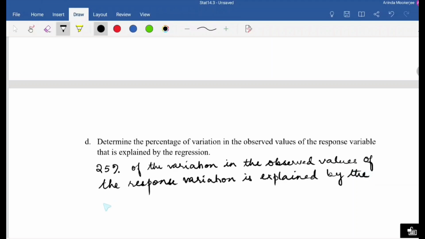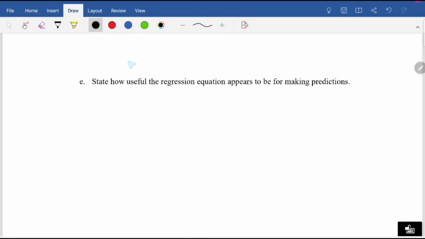I think the next question is about doing the same calculation using the computing formula. Now, the last part of the question was asking, state how useful the regression equation appears to be for making predictions. Of course, we already said that it's not going to be a very useful equation for making predictions because the r squared value is not close to 1.